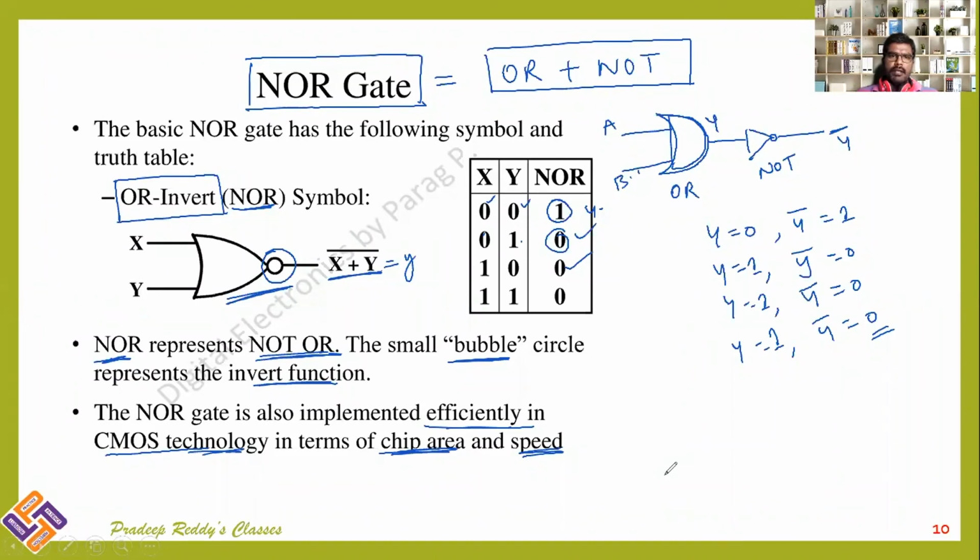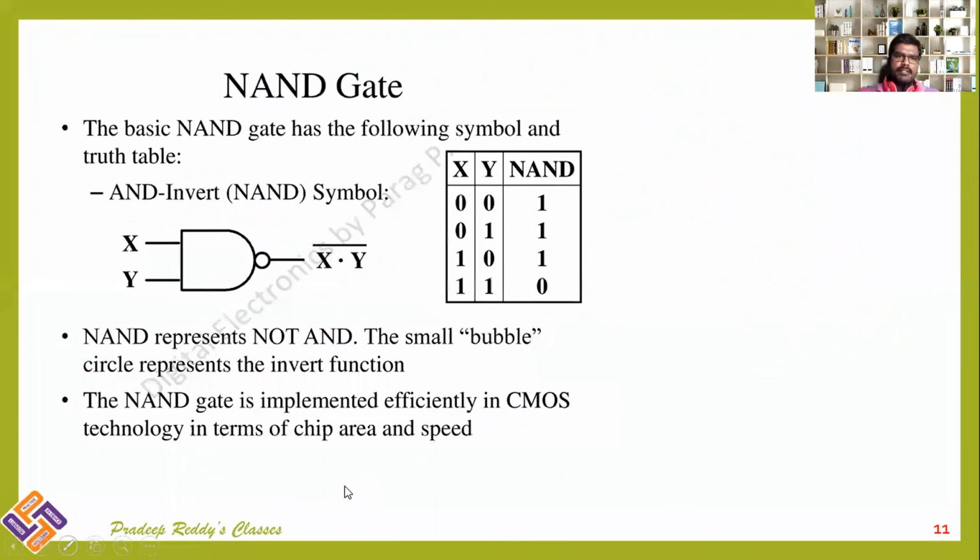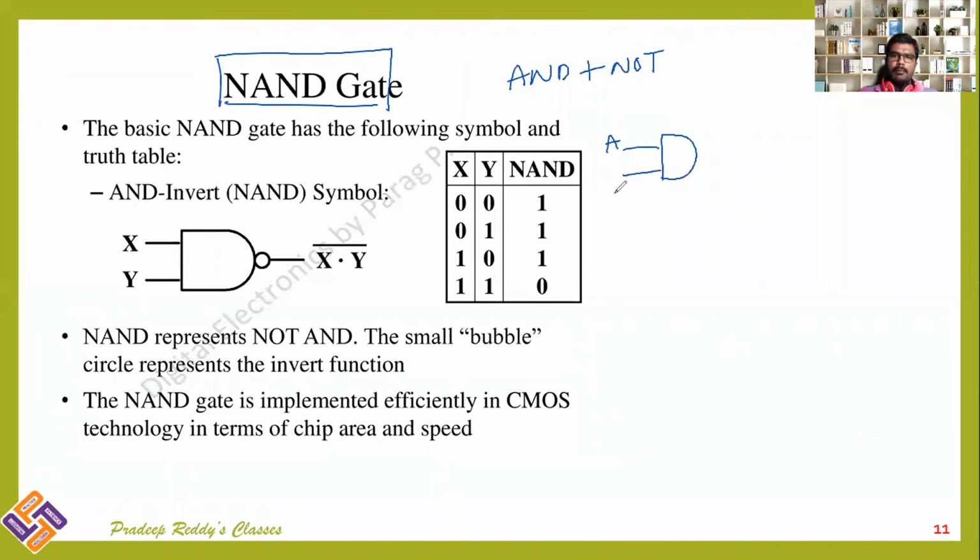And there is only one last gate which is left over, that is NAND gate. The last one is NAND gate. NAND gate is AND plus NOT. This is AND gate. Input is A and B. You are providing one output which is equal to A dot B. And there is one NOT gate provided here.